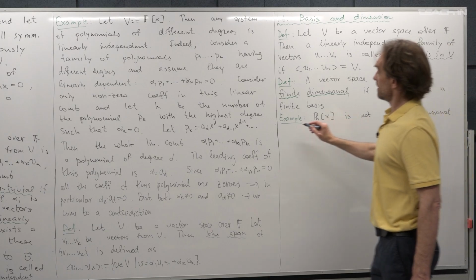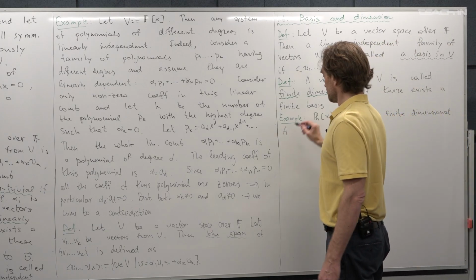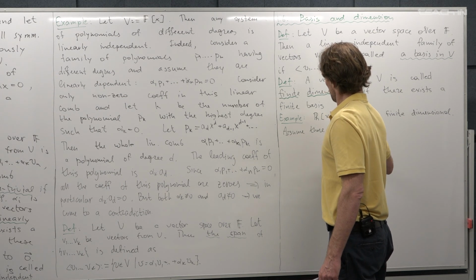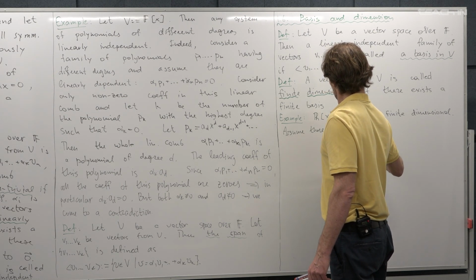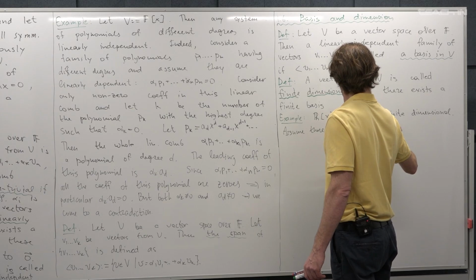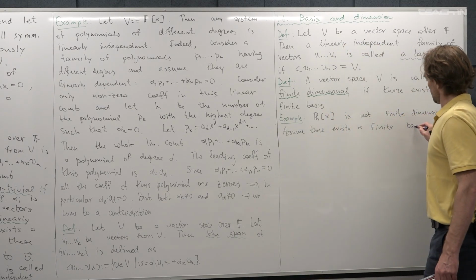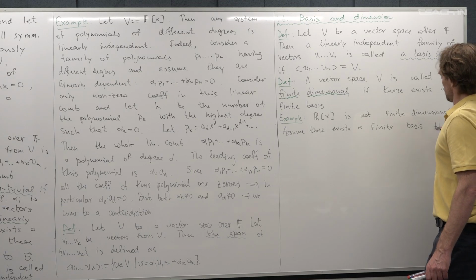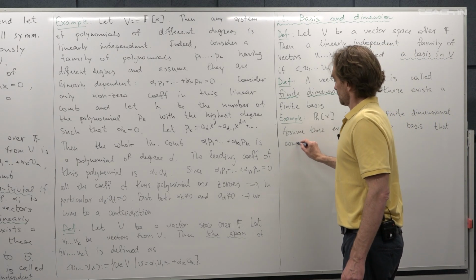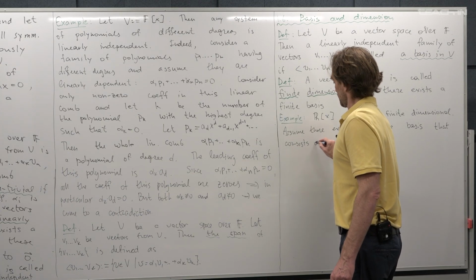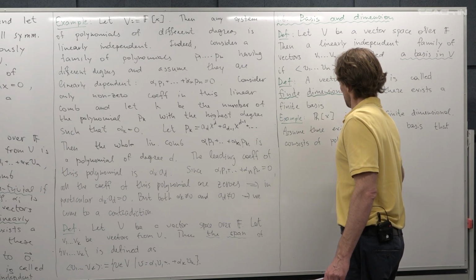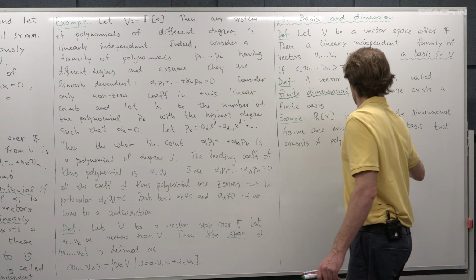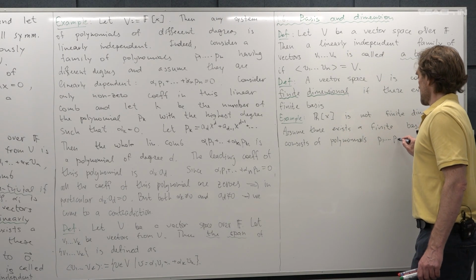Assume there exists a finite basis that consists of polynomials P1, etc., Pn.